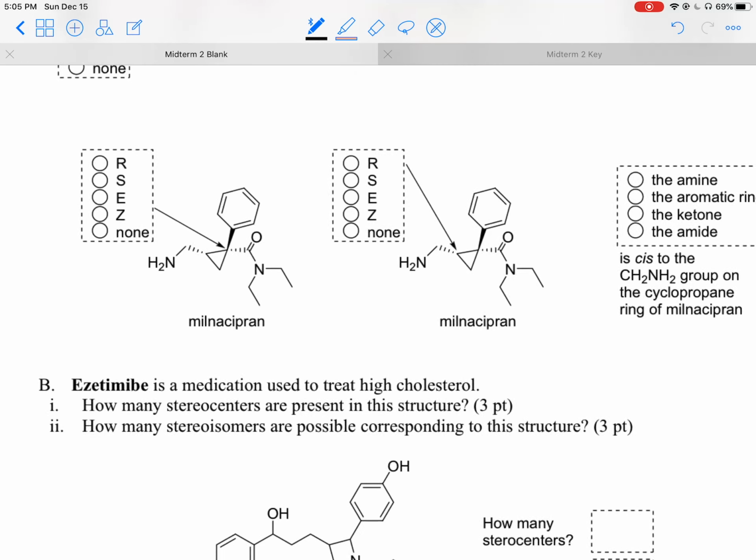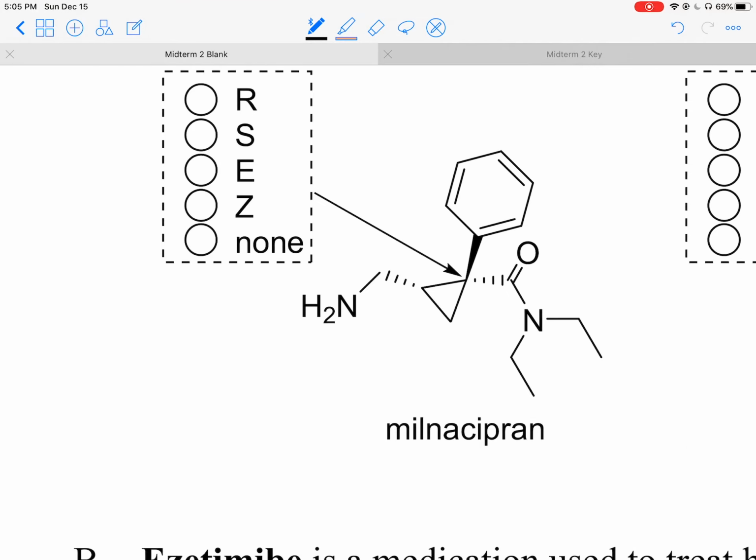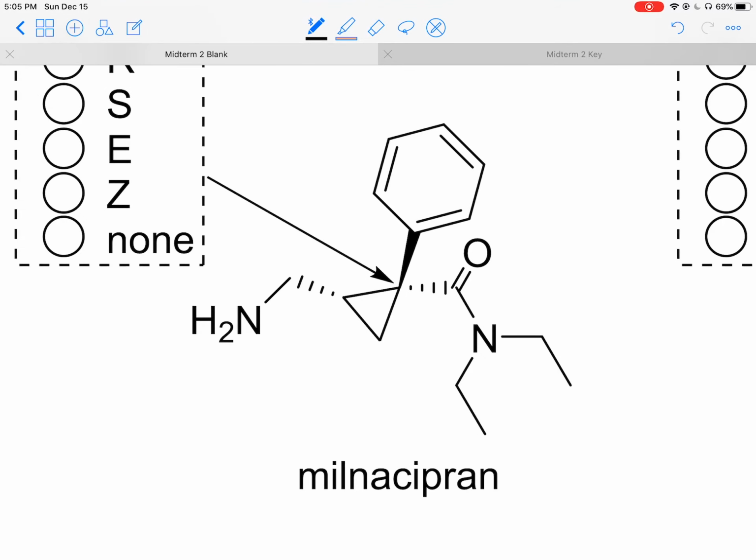Moving on to milnacipran, however you pronounce that. This one is going to be a little bit more difficult. Let's just do it as if we don't know it's going to be more difficult and label the priorities. Let's look at what this carbon is attached to.